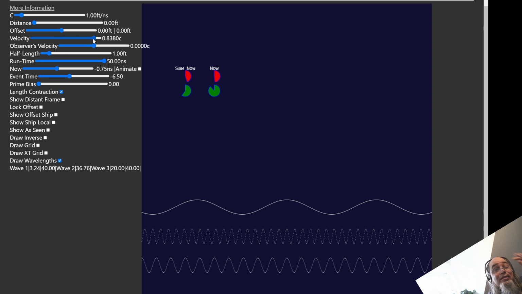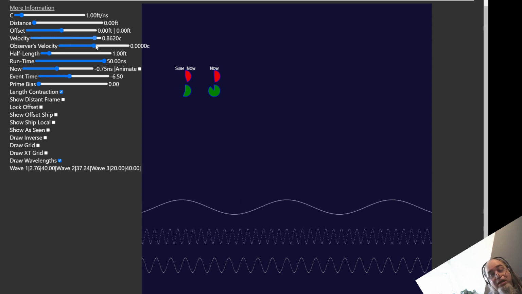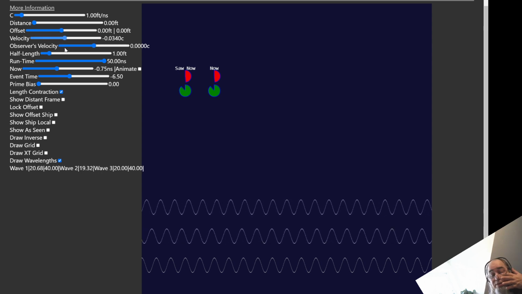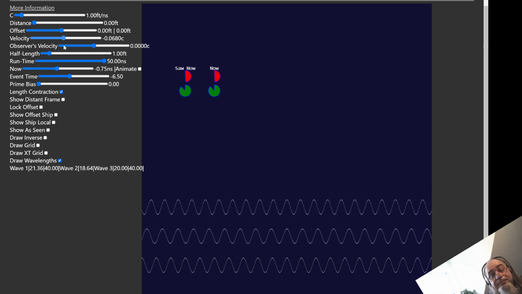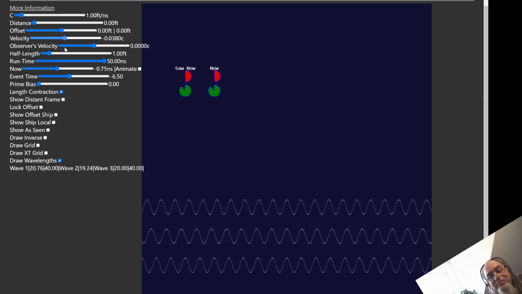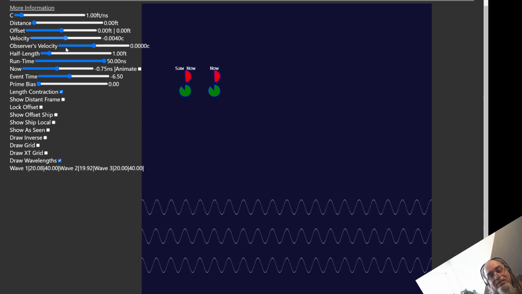So for any velocity, the bottom waves don't change, and they do have a velocity calculation applied to them. It's just cancelled out because of length contraction and time dilation, time contraction.